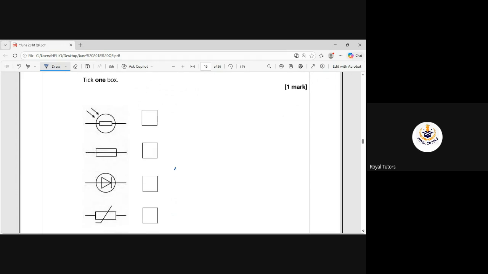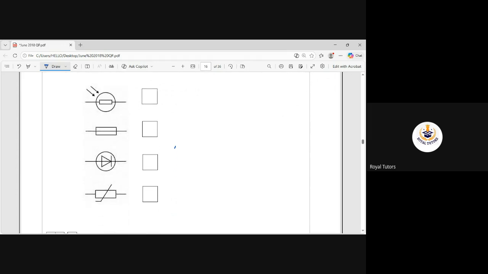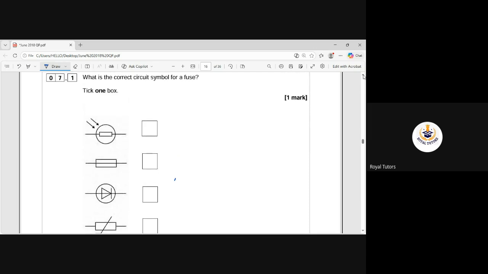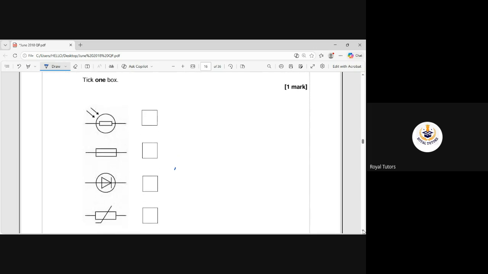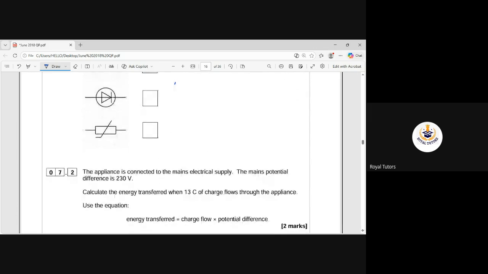If you take a look at all the symbols we have here, they are generally called the circuit symbols, but each of them represents a different circuit. Basically, the question is asking for the one that represents the fuse, and from the options here, the one that represents the fuse is the second one. So you just need to tick the box, and there you go, just the one mark.